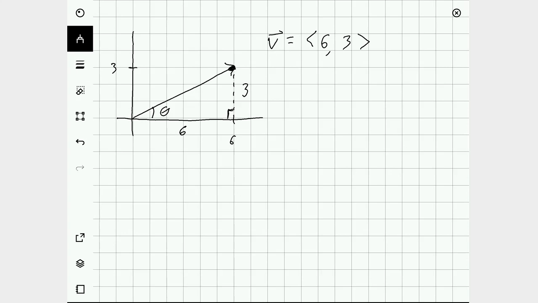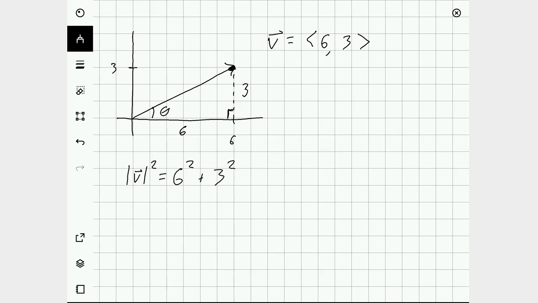I know that I can use the Pythagorean theorem. My magnitude squared is equal to the length of one leg squared plus the length of the second leg squared.